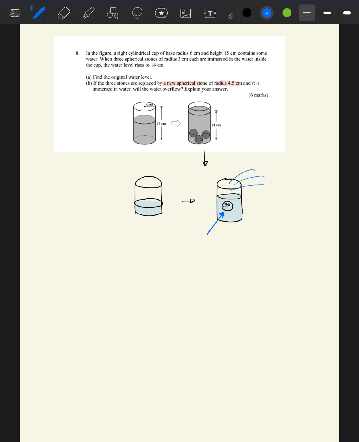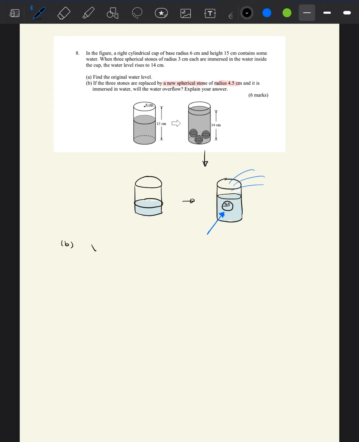If the volume of this stone is bigger than the capacity of the cup, then it means that it is going to overflow. So you have to find the volume of the new stone with the volume of the water and see whether it is bigger than the capacity of the cup.